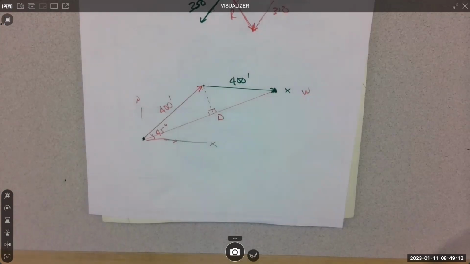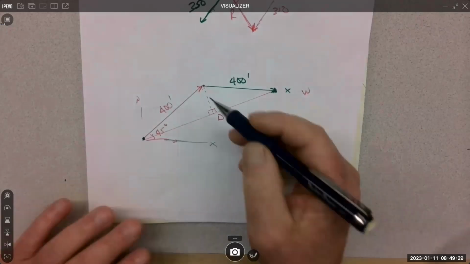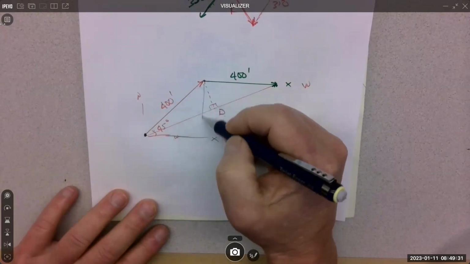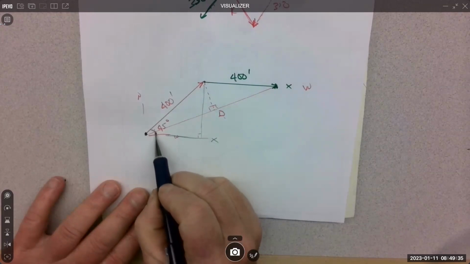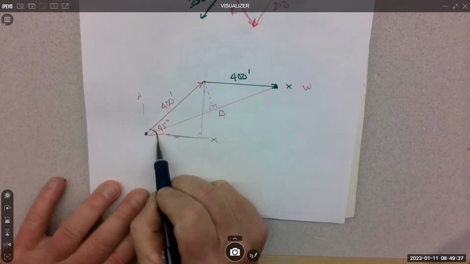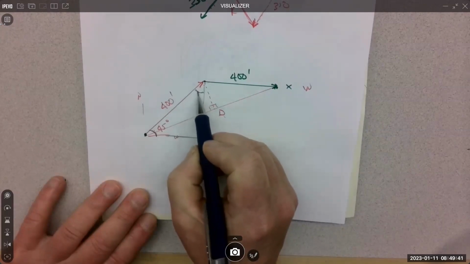So we do have enough information. They're puzzles, yeah. No, probably not. I mean, it could be, but that would be an assumption. There's something else we can do that's better. Like, what if I dropped a vertical here? And I know 45 here. Right? What's this angle?